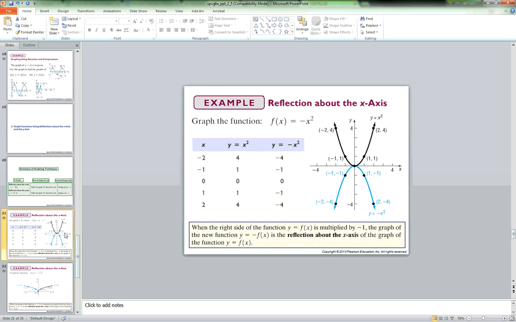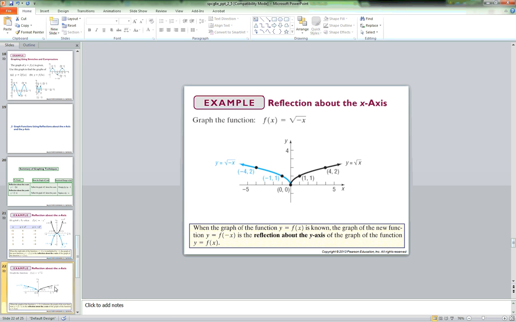So let's see a couple of examples of those. All right, so if we have our parent function y equals x squared, and I multiply that by a -1, it just flips it about the x-axis. So go ahead and sketch this graph here. Make sure you identify your parent function and identify the reflected function.